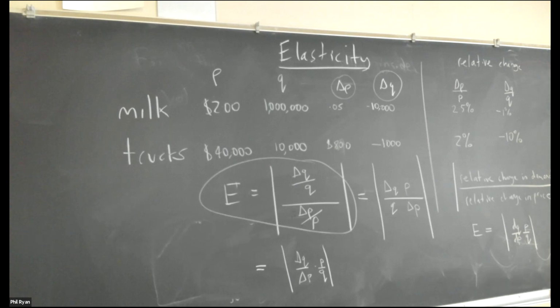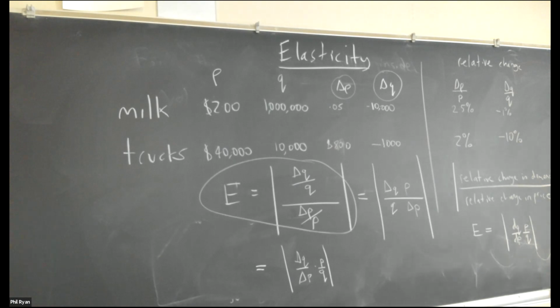This is the relative change in price. This is the relative change in demand. So it is a multiplier, right? Elasticity is the multiplier which turns relative change in price into relative change in demand.